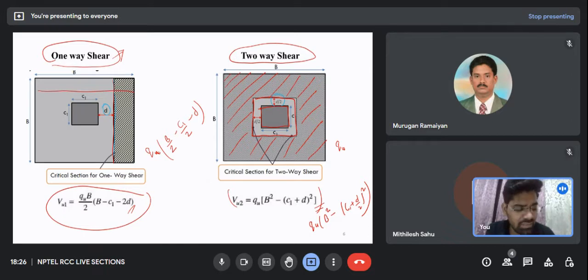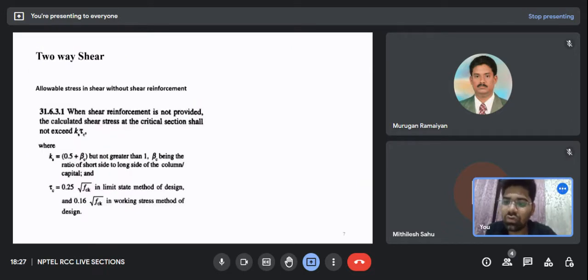And for two-way shear, there is some criteria mentioned in IS code. The allowable shear in two-way can be calculated by using Ks into tau c. So what is Ks? Ks is nothing but 0.5 plus beta c, and the allowable shear stress is Ks into tau c.